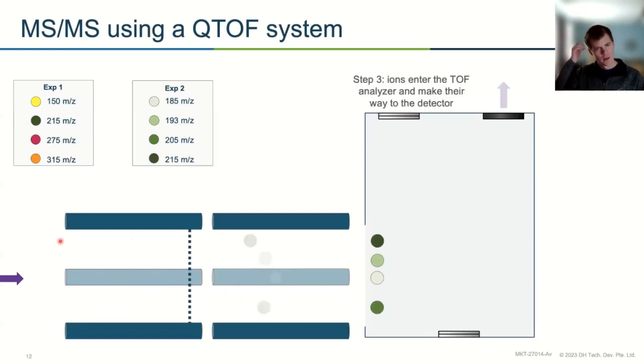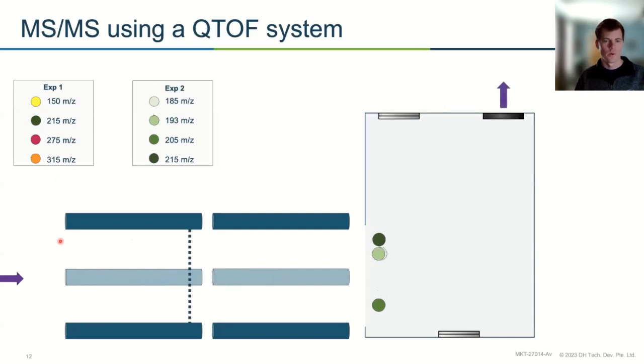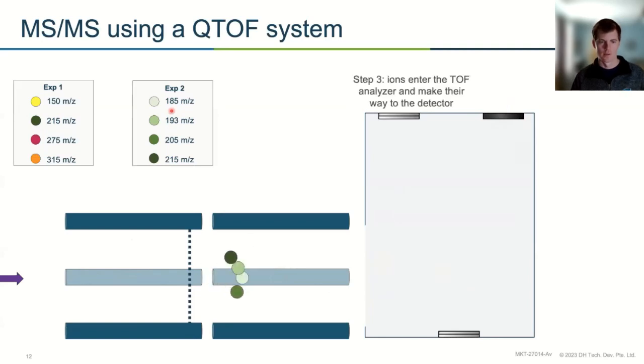And like in a quadrupole, in QTOF you can control that fragmentation. You can optimize it to be ideal for a certain fragment and be more specific to get the perfect fragmentation for, let's say, 185, or you can set it to be more of an average of collision energy so that you get a collection of fragments. And I talked through the animation.